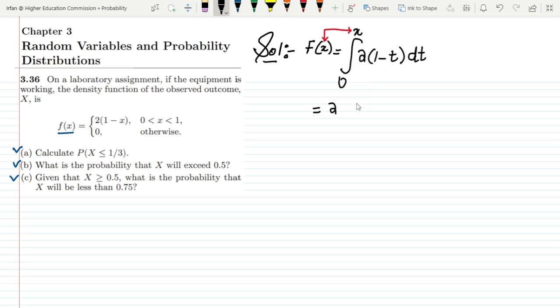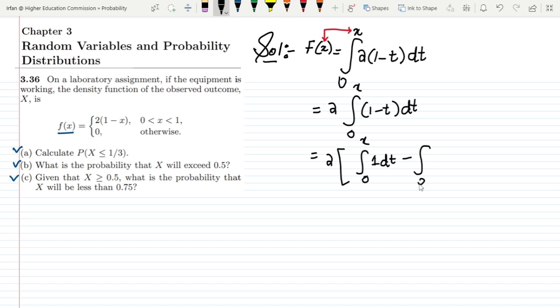So, 2 will be outside and here we will have the integral from 0 to x of (1 - t) dt. So, again 2, and here it will be the integral from 0 to x of 1 dt, and also minus the integral from 0 to x of t dt.